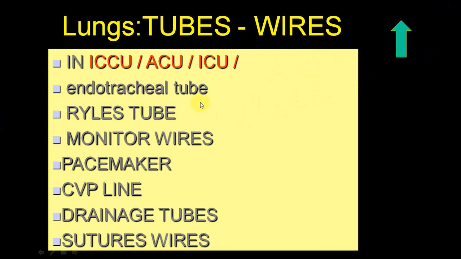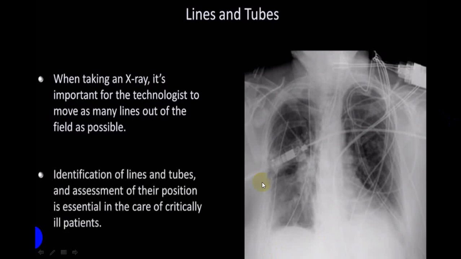Some of the common ones are endotracheal tubes, Ryle's tube, monitor wires, pacemaker wires, central venous lines, drainage tubes, or, if a person has had a major surgery through a splitting of the sternum, you can see steel suture wires, etc.